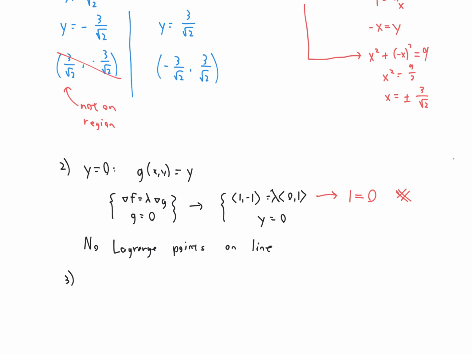That takes us to the third thing we need to check, which is the endpoints of the line segment, which are the same as the endpoints of that semicircle. These occurred at the points 3, 0 and negative 3, 0, which we can see once we go back and look at the picture.